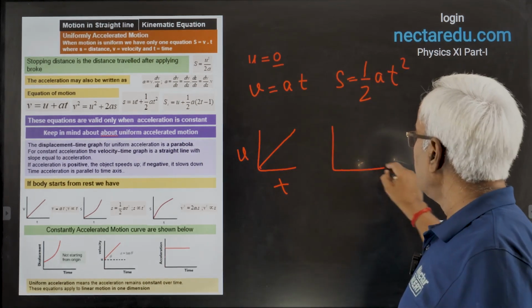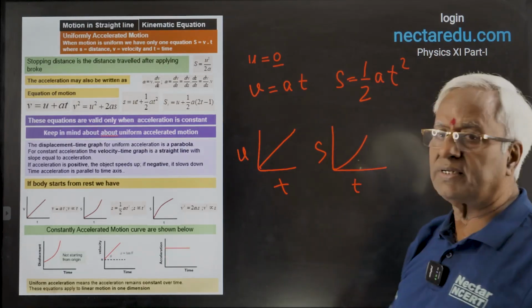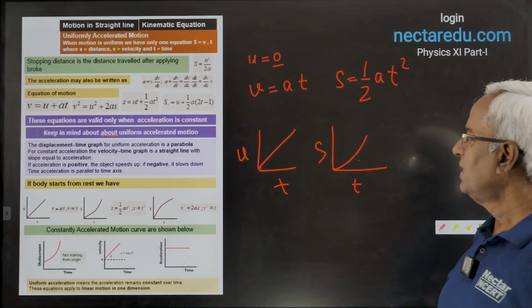This is going to be a parabolic relation. When one quantity is squared and one has single power, it's called parabolic relation.